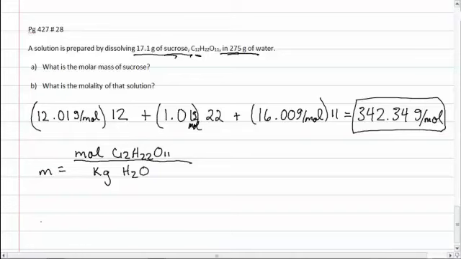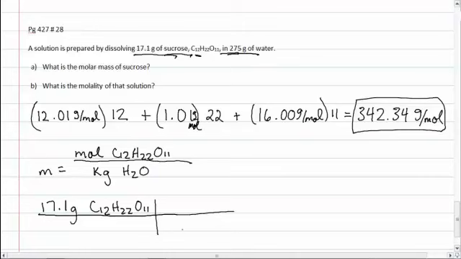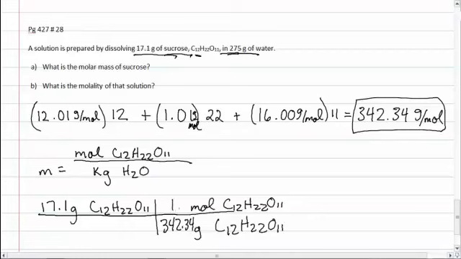So we need to take 17.1 gram sucrose and change it to moles. So I put gram on the bottom, mole on top, and this is where I put my molar mass. So I had 342.34 grams per 1 mole.